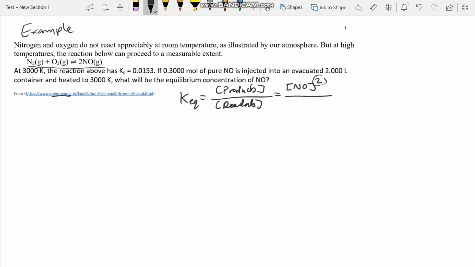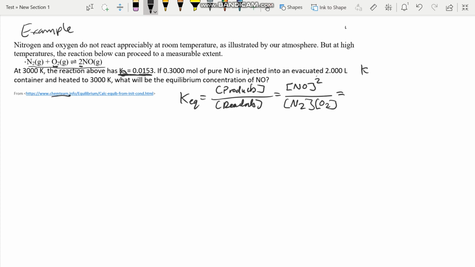The squared comes from the molar coefficient, and then the reactants are N2 and O2, with molar coefficients of 1 and 1. And we know that this equals what we've been given as the Kc.